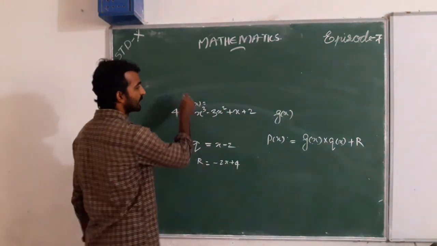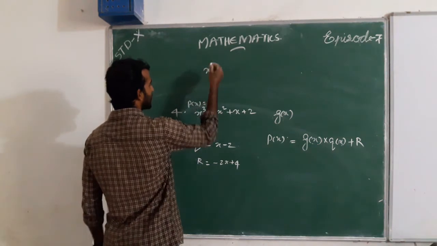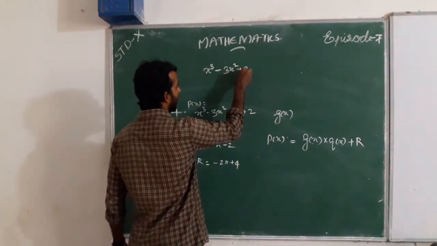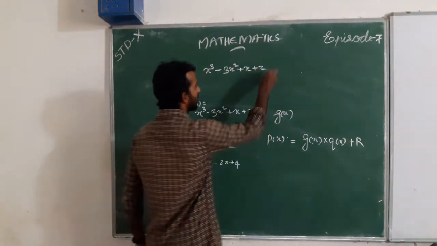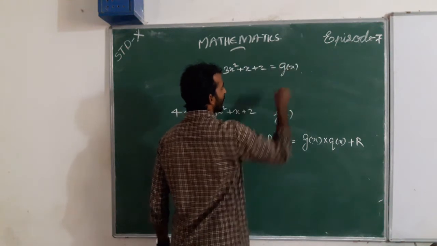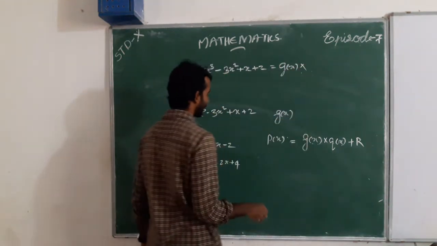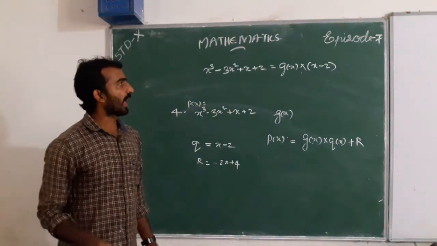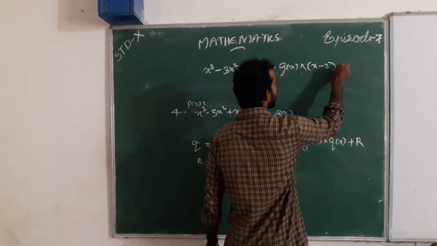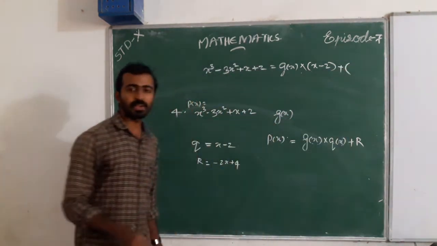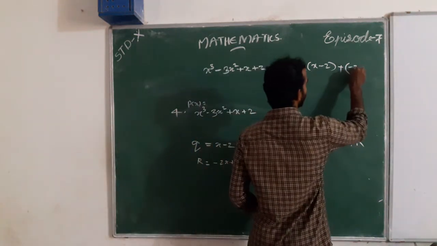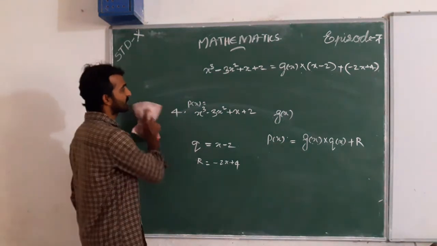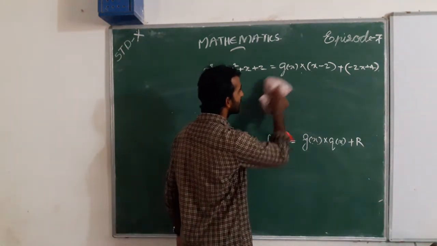P of x is x cube minus 3x square plus x plus 2 equal to g of x into x minus 2 plus the remainder, minus 2x plus 4. And next step we want to find g of x.